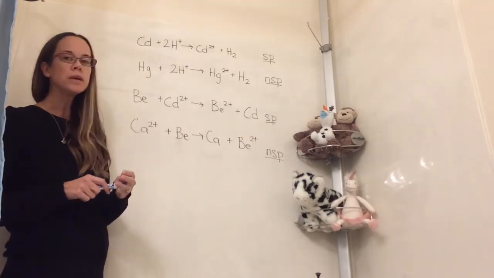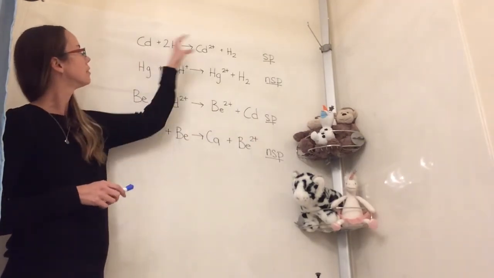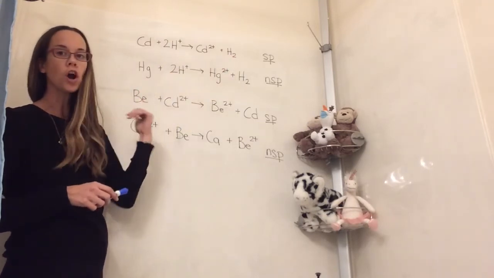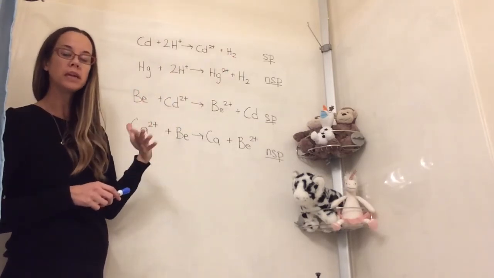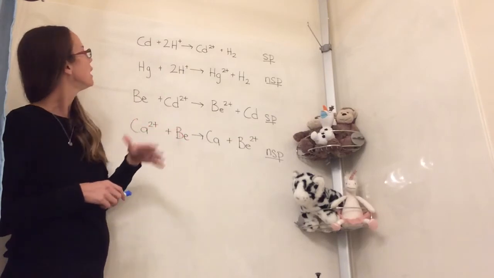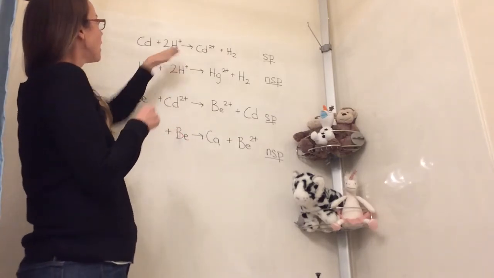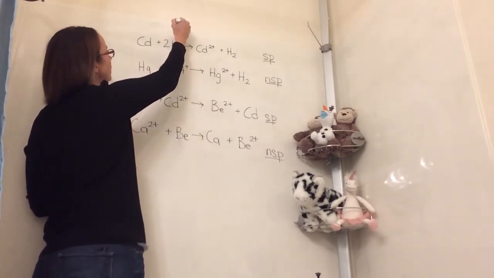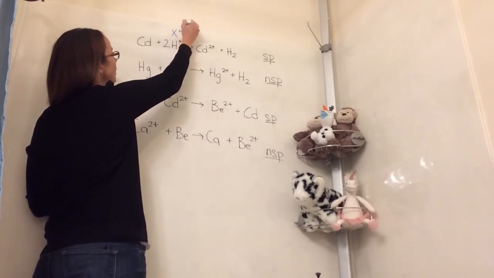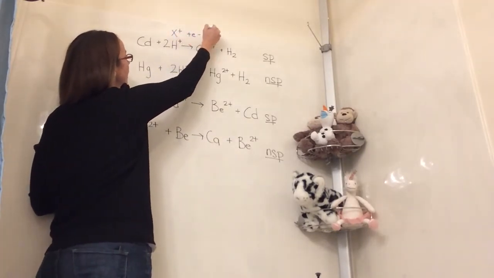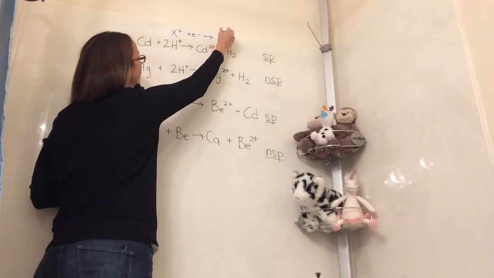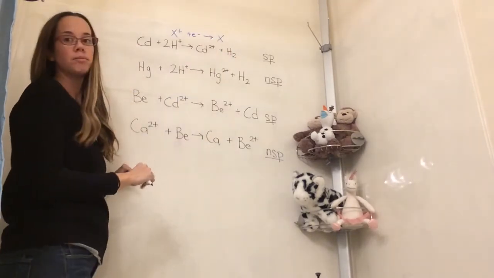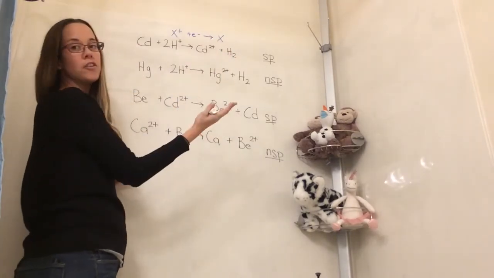So our first thing that we need to do is realize that this is a reaction, and in it we've got an oxidizing agent and a reducing agent, and we need to figure out which one is which. Now, if you can remember that your cation, so this could be any cation, is going to gain electrons and become a metal, or in this case hydrogen.